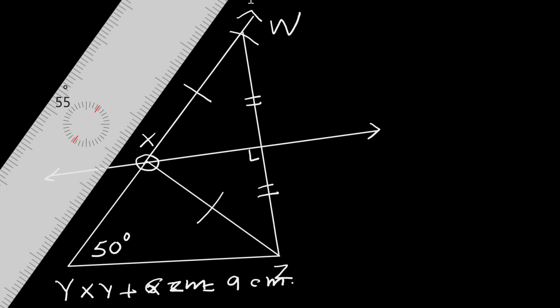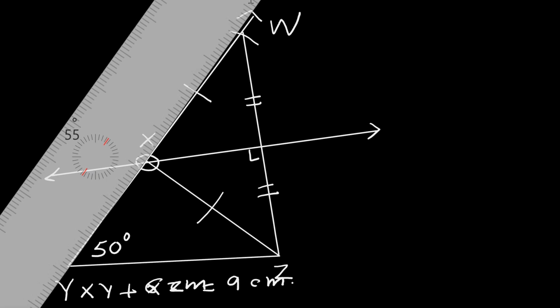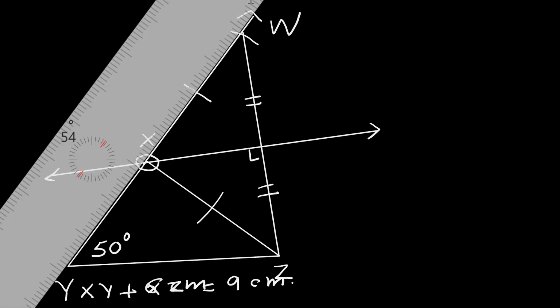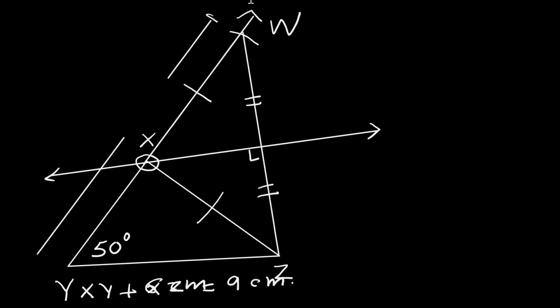So write this dimension on the figure. The dimension line must be parallel to the object line, and the label is also parallel. Here the angle is 50 degrees, the inclination is more, and the length is also 9 centimeter, so more space is required on the upper side.